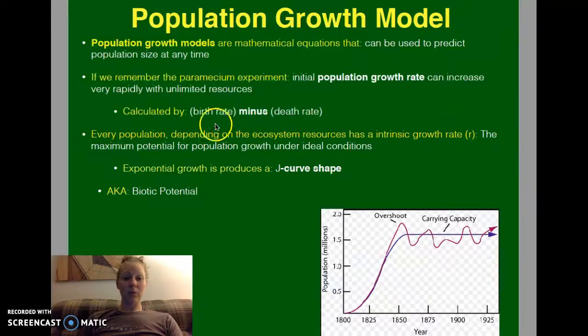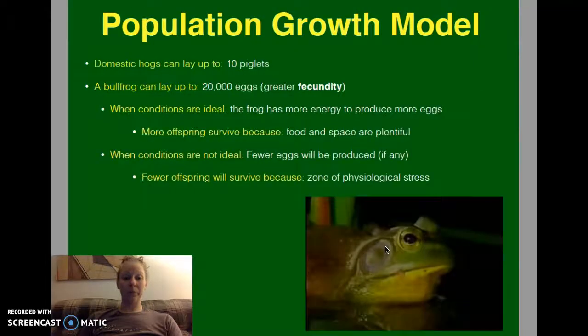Every population, depending on ecosystem resources, has an intrinsic growth rate, which we denote with the letter R. That is the maximum growth rate under ideal conditions, represented by this J-curve, also known as the biotic potential.